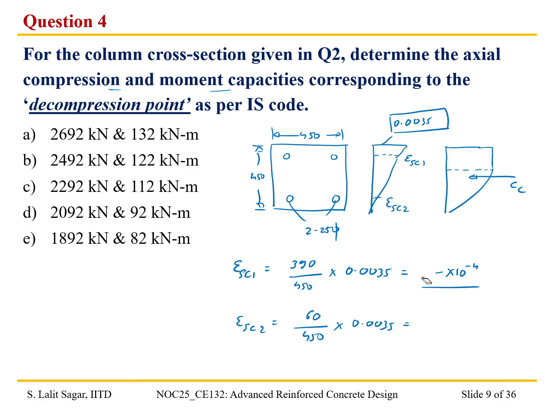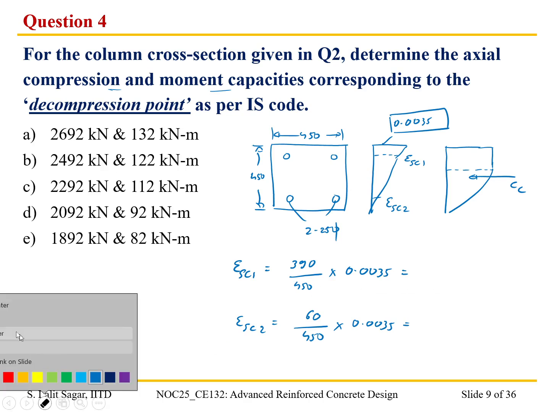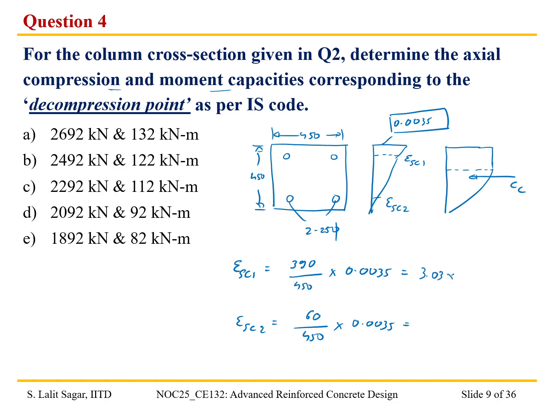Let me erase it. So epsilon SC1 is 3.03 into 10 to the power minus 3, and epsilon SC2 is equal to 4.7 into 10 to the power minus 4.